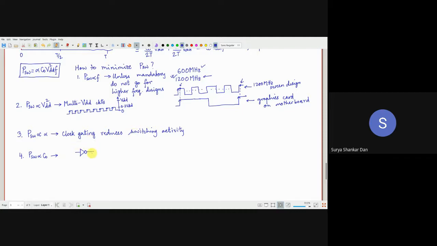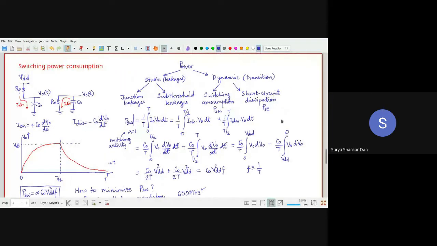Then in that case, you do not have any control over the output capacitance which you are using. That means the switching power, I mean the CO, is not in your control. What is the CO? Remember, CO will be equal to CL plus C internal plus the C parasitics, right? So you can of course do something about the C internal and C parasitics with the layout and all that, but CL is not in your control.